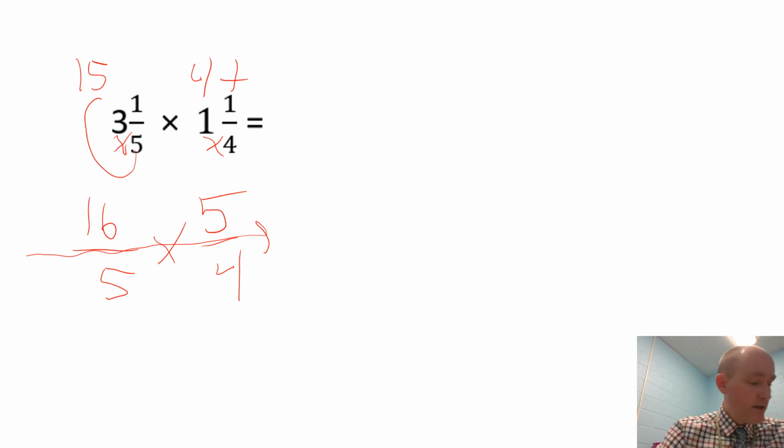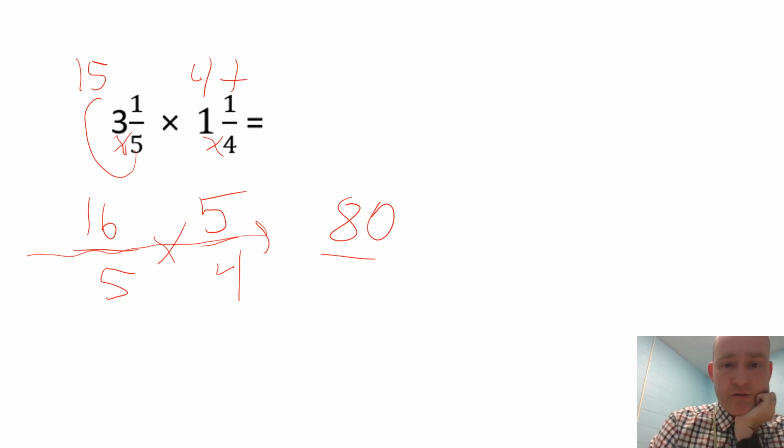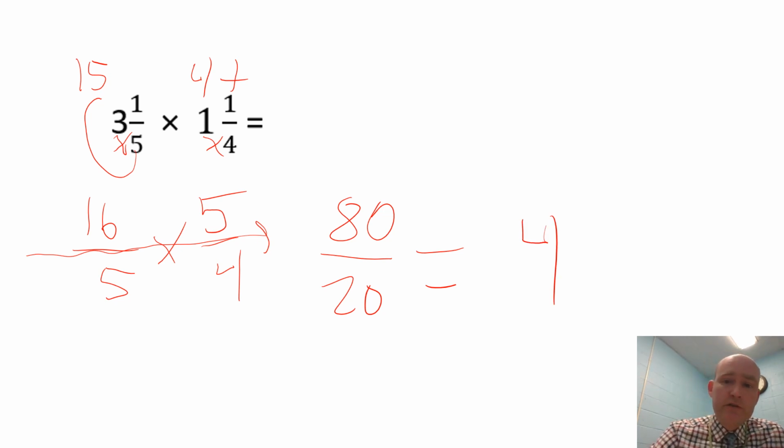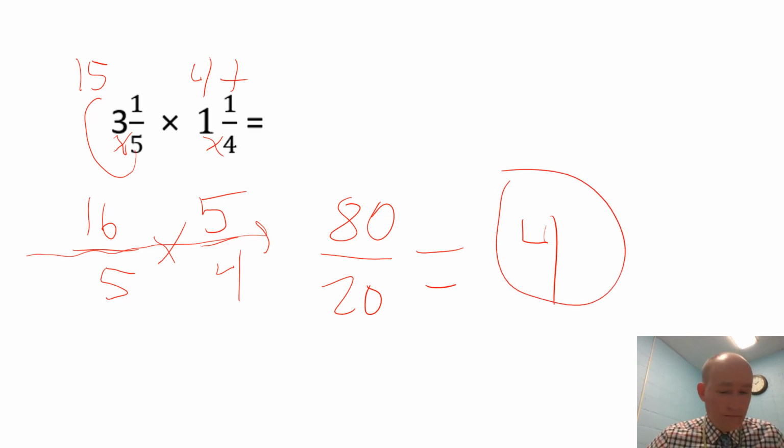Okay? 16 times 5 is 80. 5 times 4 is 20. And now this is a division. Just by looking at it, you can probably tell it could be a whole number. When I do 80 divided by 20, I get 4. Right? And that is our answer.